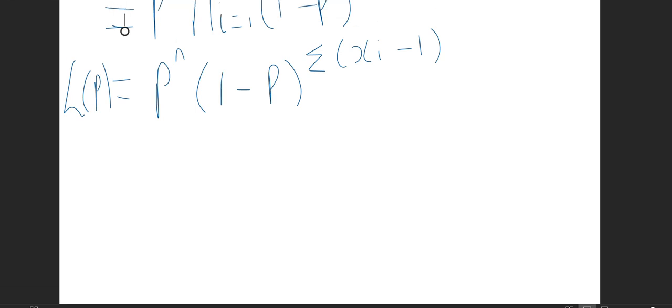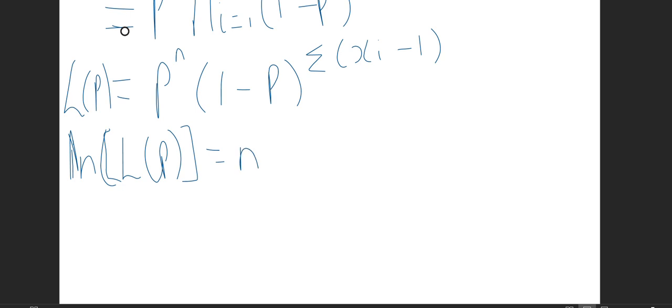So ln of our L(p). Now the logarithm of this will be n ln p, and then this one is a product, so it's going to be a summation.